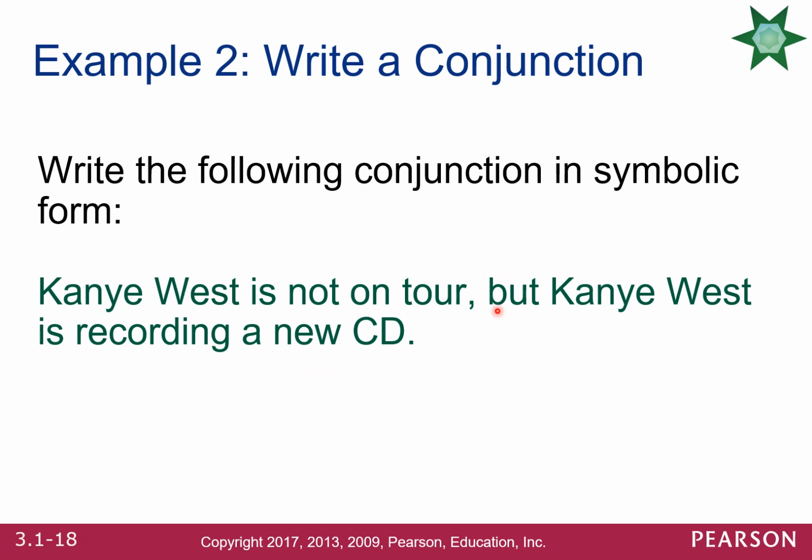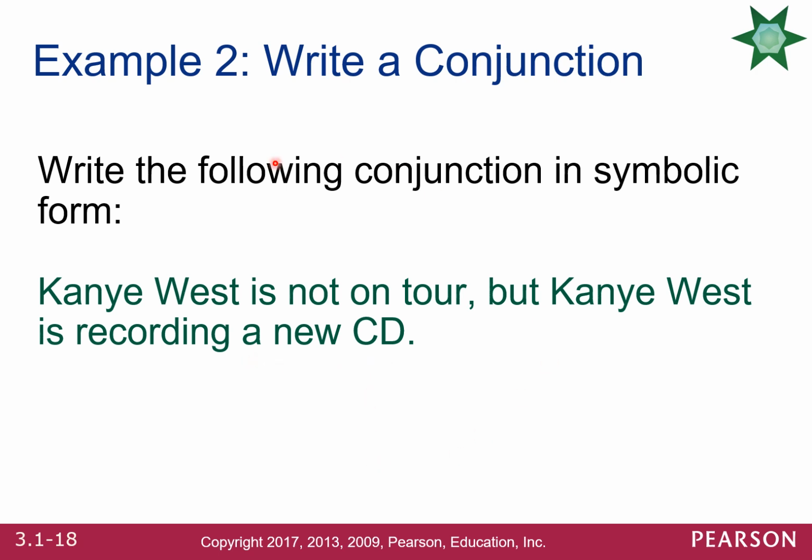The connective here is the but, not the and, but it works the same way as the and conjunction. The two thoughts are, first, Kanye West being or not being on tour, and second, recording a new CD.